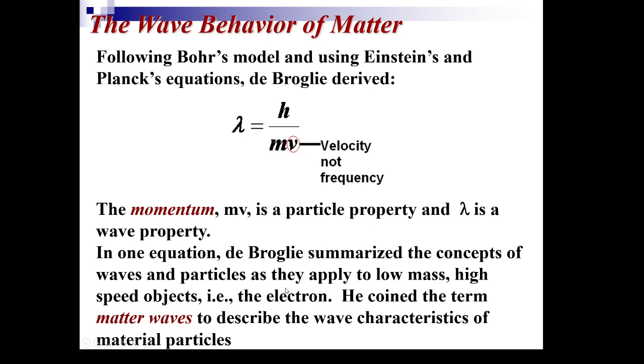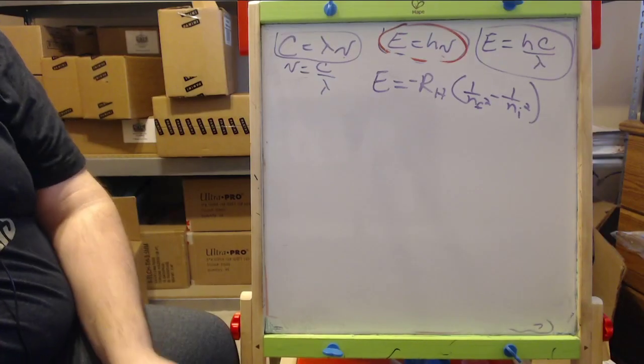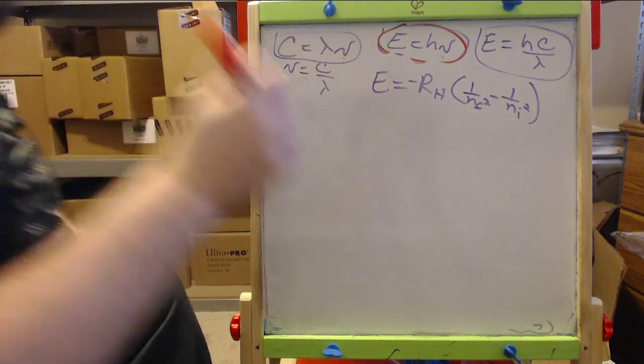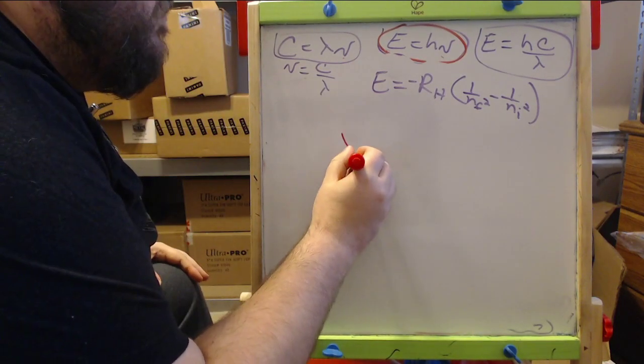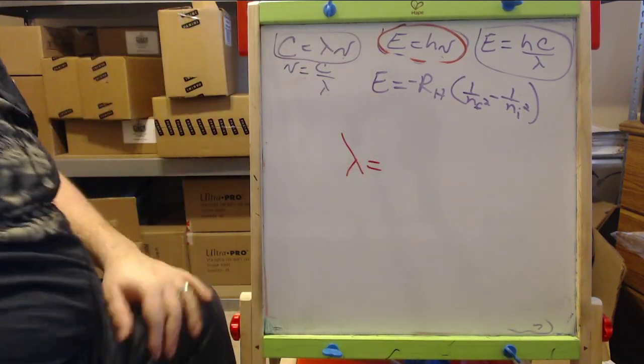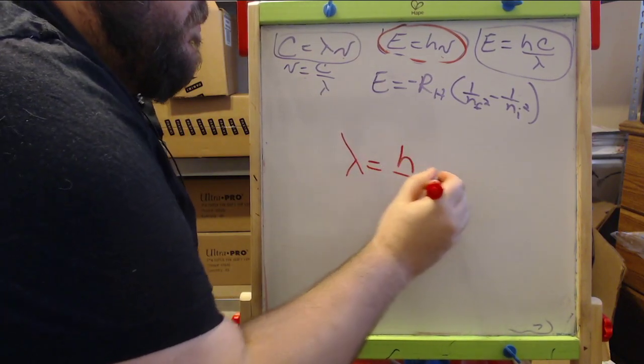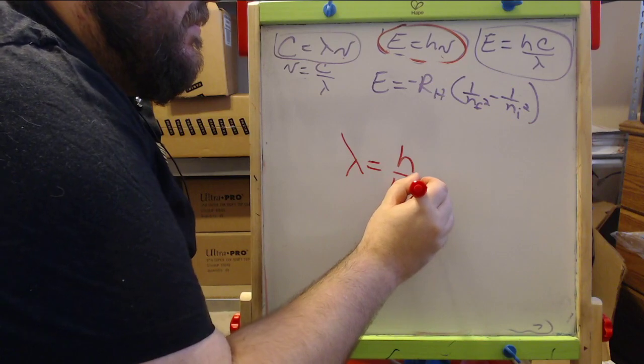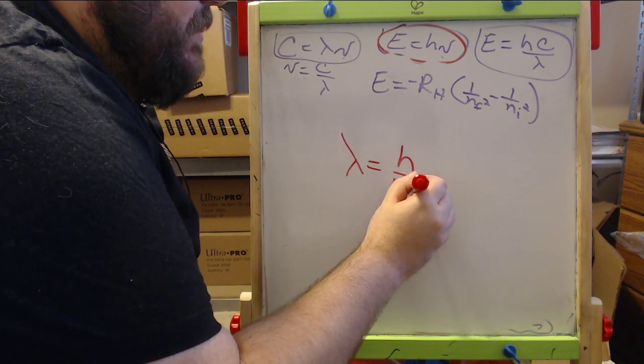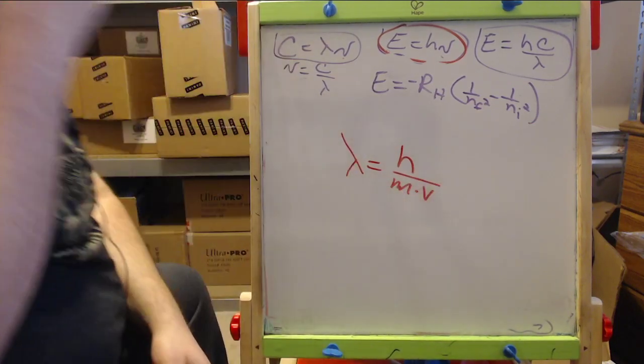So de Broglie's equation allows us... And this is amazing, at least in my opinion. So de Broglie's equation is this. It says wavelength is equal to Planck's constant times mass times velocity.